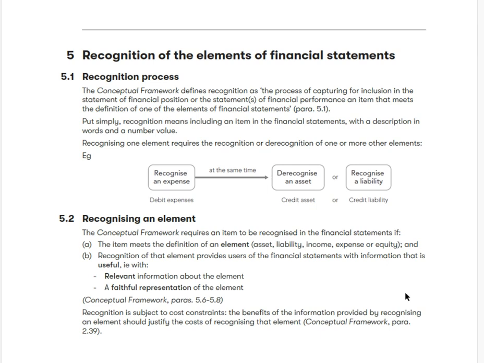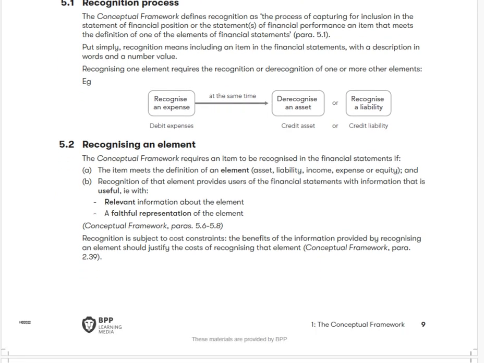Recognizing an element. The conceptual framework requires an item to be recognized in the financial statements if the item meets the definition of an element, that is asset, liability, income, expense or equity. Whatever the definition it meets, it has to fit in. It will be one of the five.